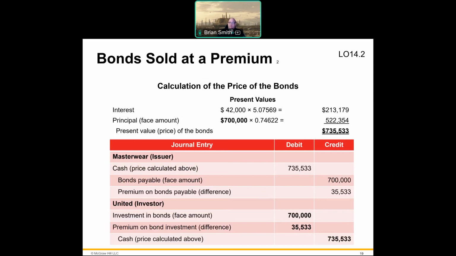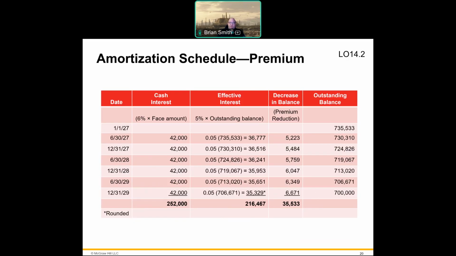And as we amortize this one, it's the same way. We're going to take the face value of the amount, which is 42,000, still the 6% of the 700,000 divided by 2. But now the outstanding balance is 5% times the amount, and that's how much our effective interest should be.